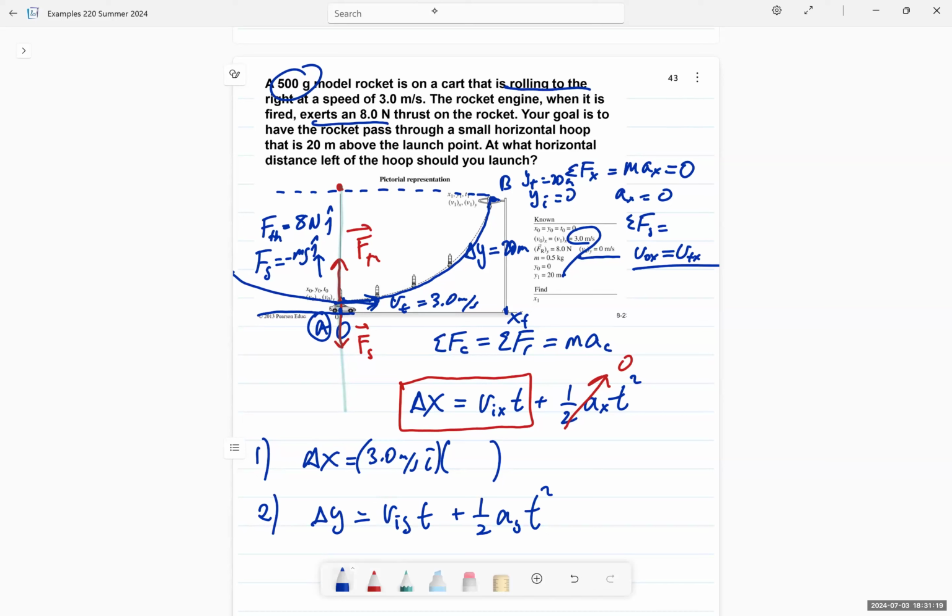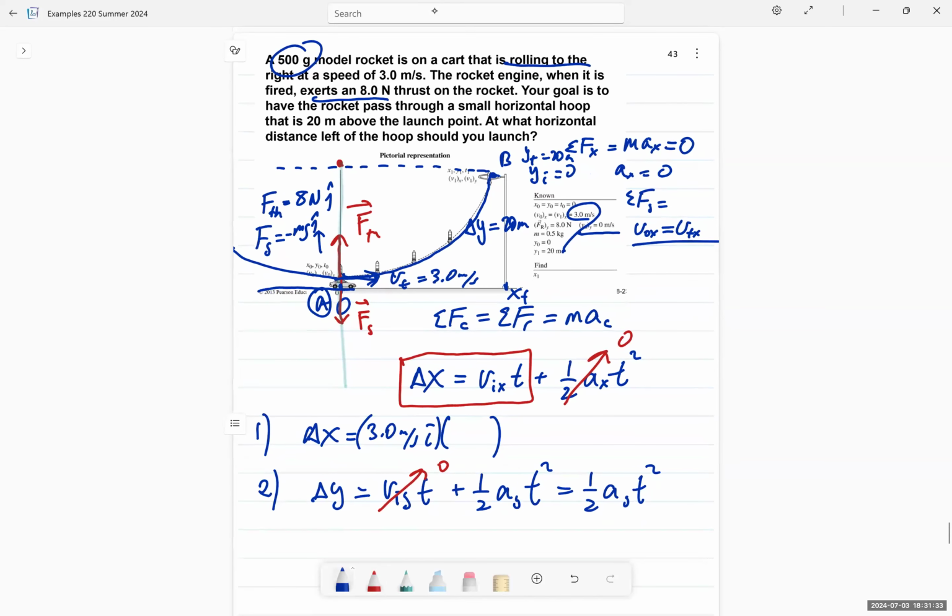I can use this equation to solve for time, because I don't have any initial velocity in the y direction. So this equation is simply 1/2 ay t squared. Delta y is information that I have, so this is 20 meters. But if I want to solve for t, I also need the acceleration in the y direction, which I don't have at this time.